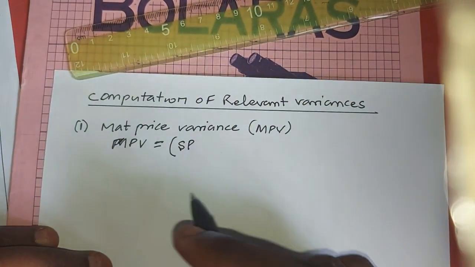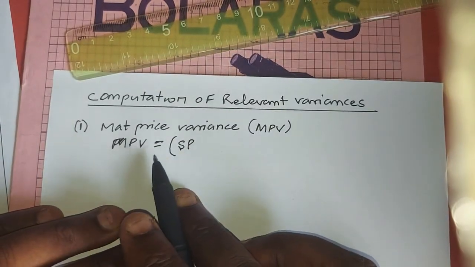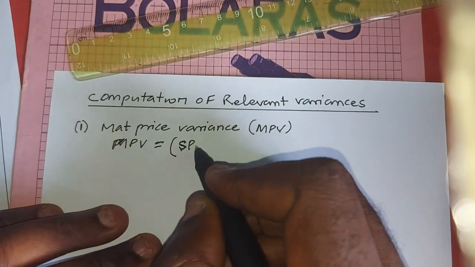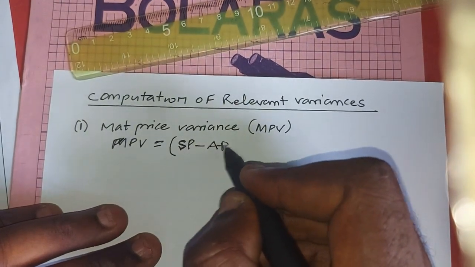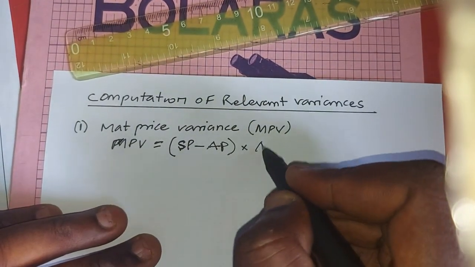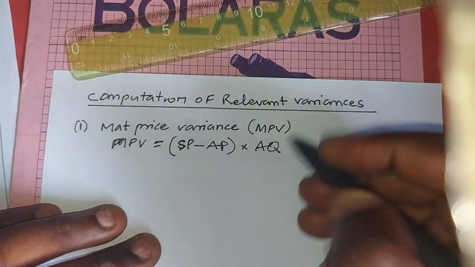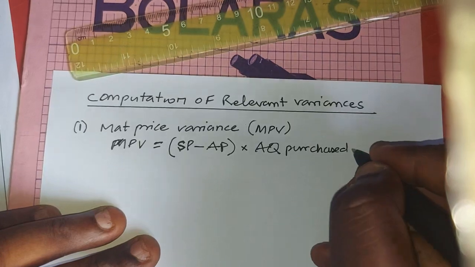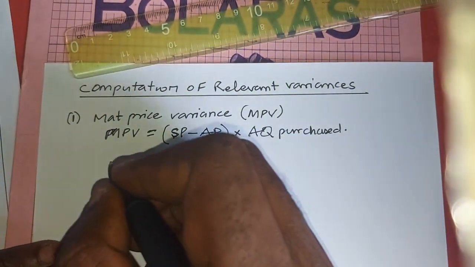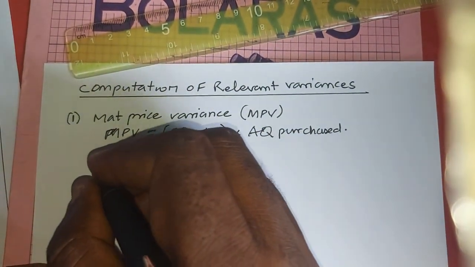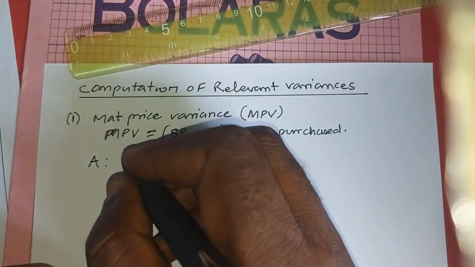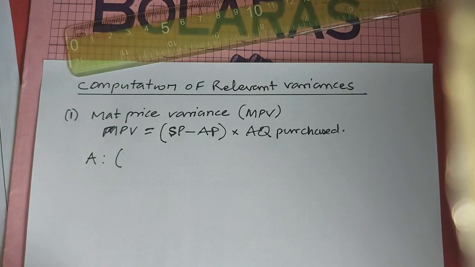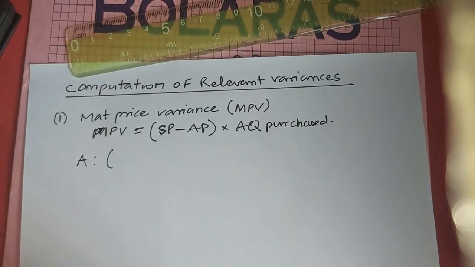I told you when you are calculating cost variances, always start with the standard price minus actual price multiplied by actual quantity purchased. Okay, so for material A, what is the standard price of material? Where will you get that? You get that in your standard cost card.